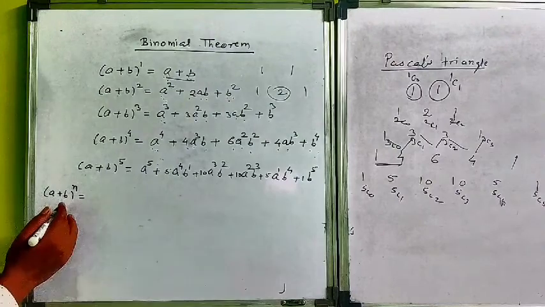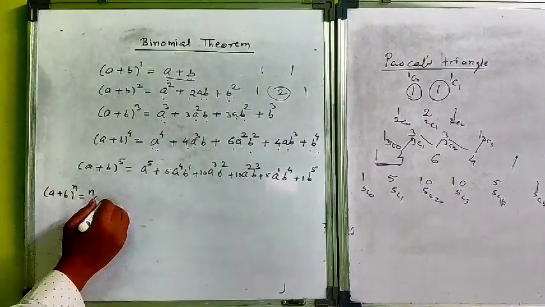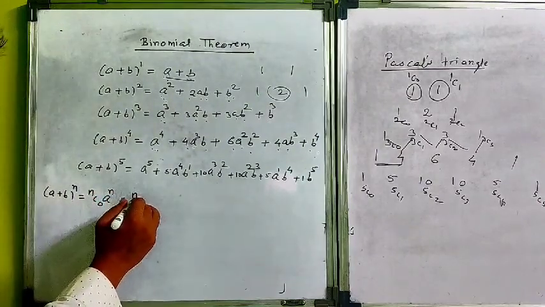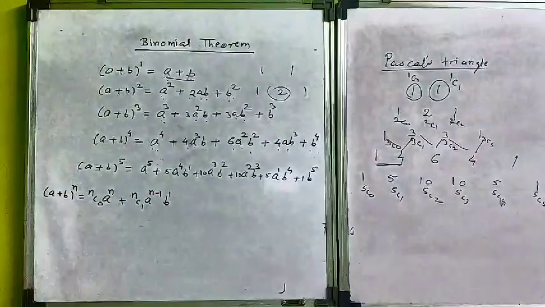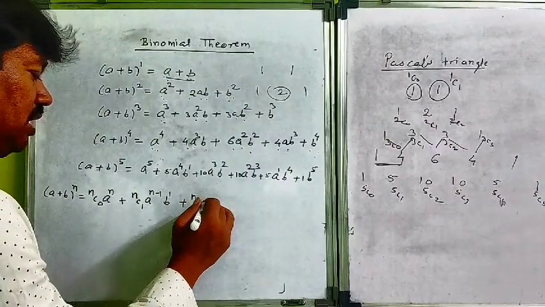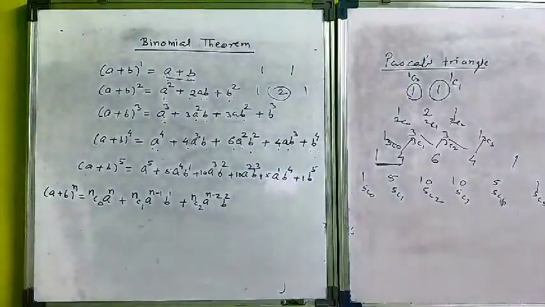So we can write this as NC0 A raised to n, plus NC1 A raised to n minus 1 B raised to 1, plus NC2 A raised to n minus 2 B raised to 2, and similarly.